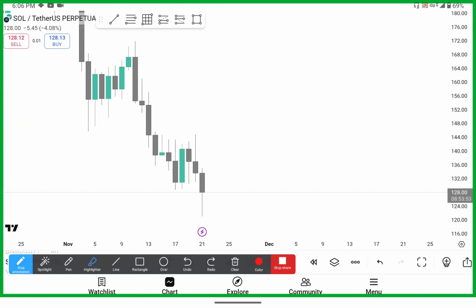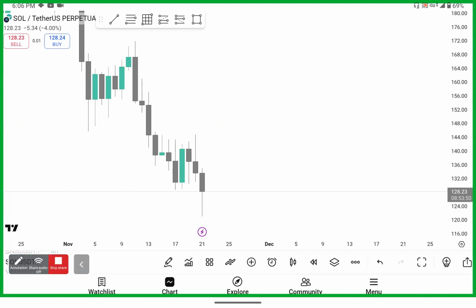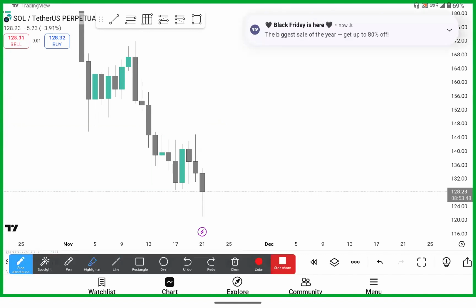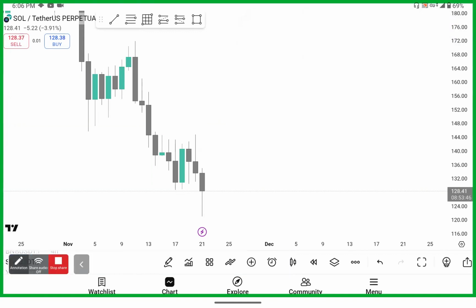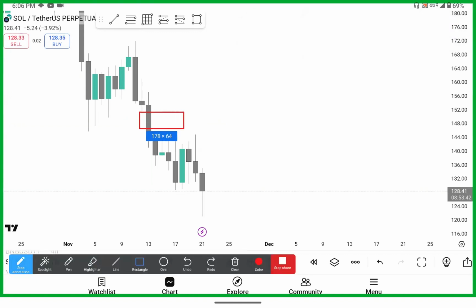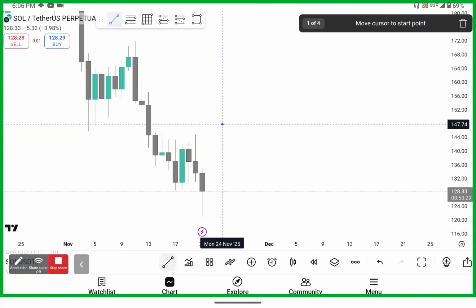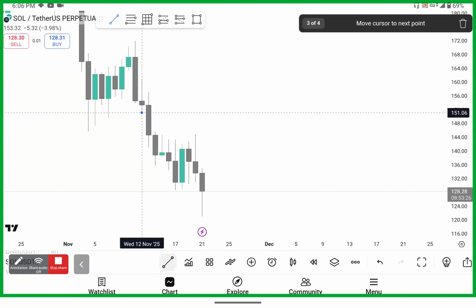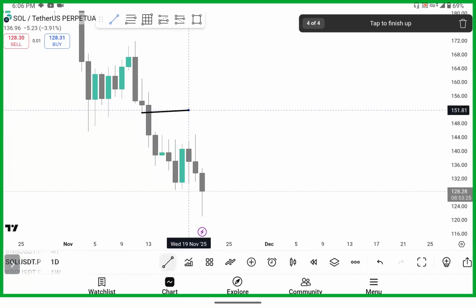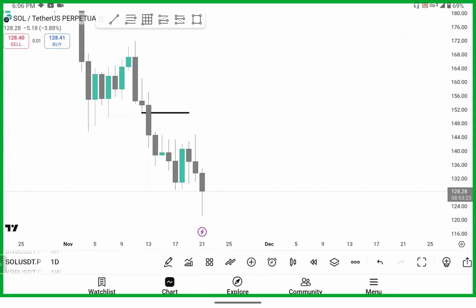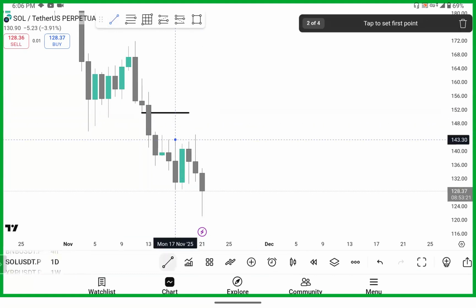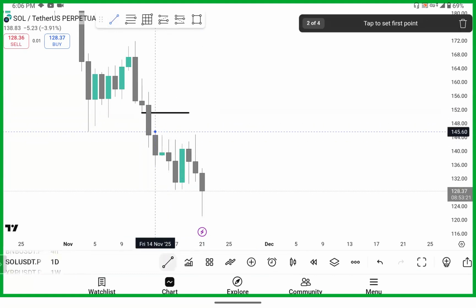So this gap here, when I put in my rectangle from this week, sorry, let me just clear this. This thing, when I draw there, hope you see that gap there. So that is what we call the fair value gap. And I'm going to show you more and more. Price is always reacting in those fair value gaps. That's why we mark them up.